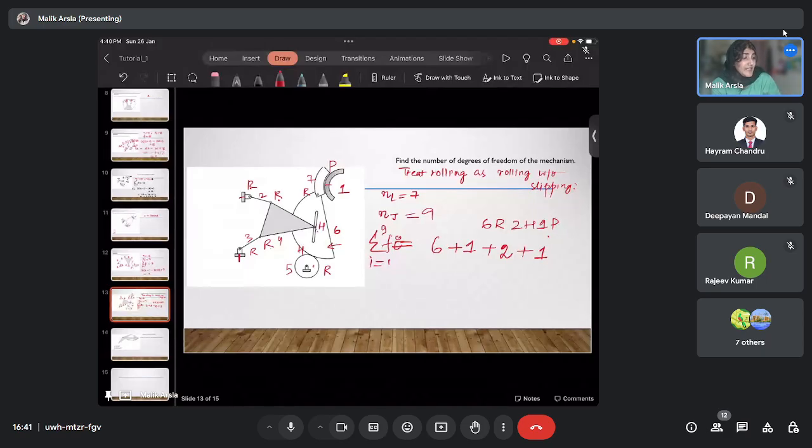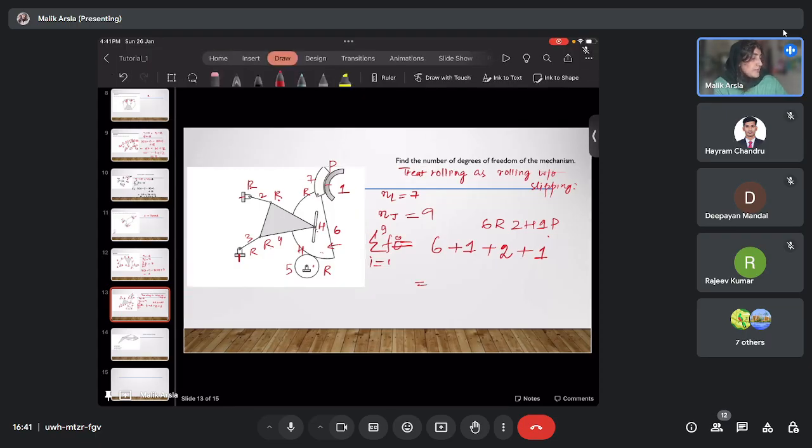But if I start rotating this bottom disk, because it is rolling without slipping, it will not transfer the motion to this disk. The bottom one will only rotate. It will not transfer the motion. So there is where we introduce that it has one redundant degree of freedom. So we can write here plus 2, and then we subtract that redundant degree of freedom. Or if you are able to visualize that it has only 1 degree of freedom, this higher pair here, then you can simply write 1.